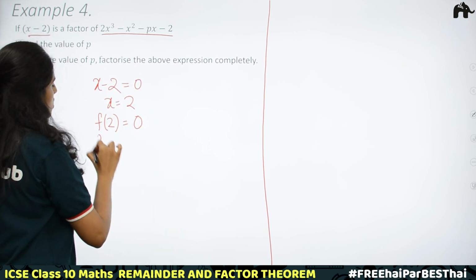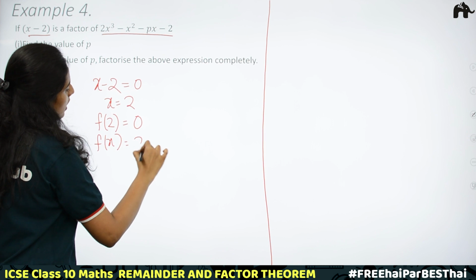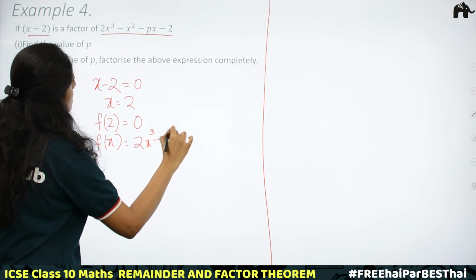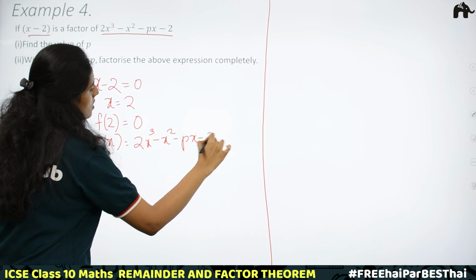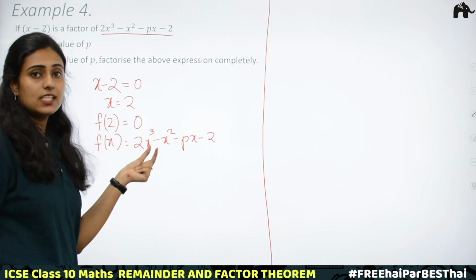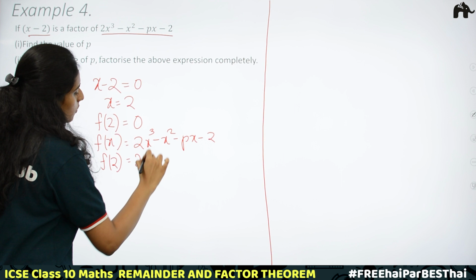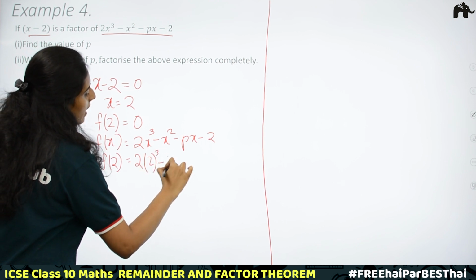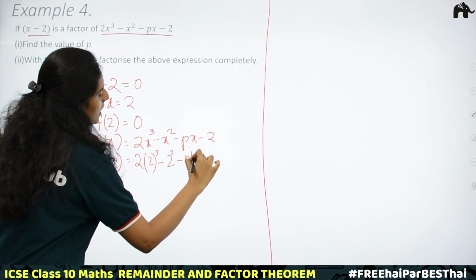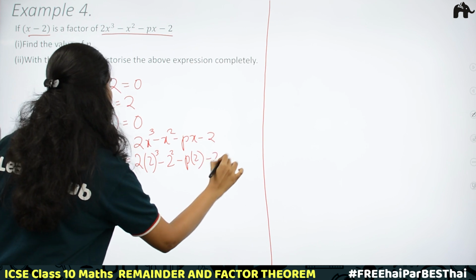So, we have the expression f of x is equal to 2x cube minus x square minus px minus 2. When you put the value of x is equal to 2, that is f of 2. F of 2 is equal to 2 into 2 cube minus 2 square minus p into 2 minus 2.